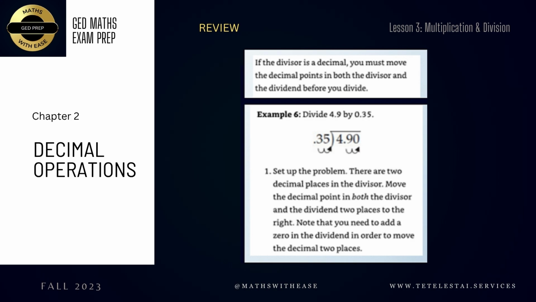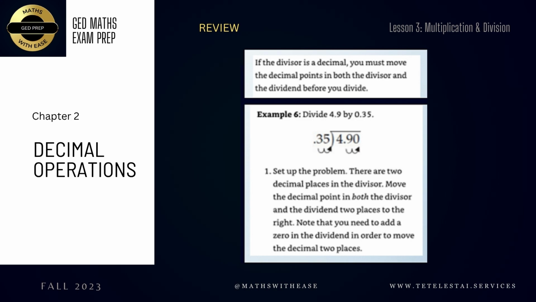If your divisor, which in this case is 0.35, happens to have a decimal point, you need to move the decimal point in both the divisor and the dividend before you can start your division as normal. So in this case, we see that 4.9 only has one place after the decimal point, but 0.35 has two places, right?